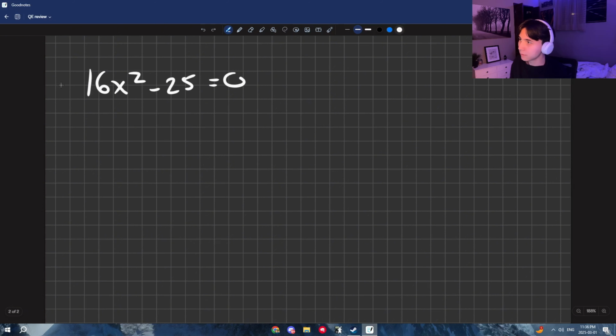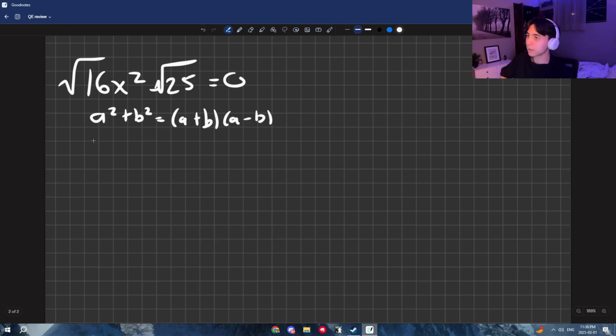So the way we do this is we're going to square root both sides. And remember that a squared minus b squared is equal to (a plus b) times (a minus b). So all we have here is 4x plus 5 and 4x minus 5. So now we have 4x plus 5 is equal to 0.